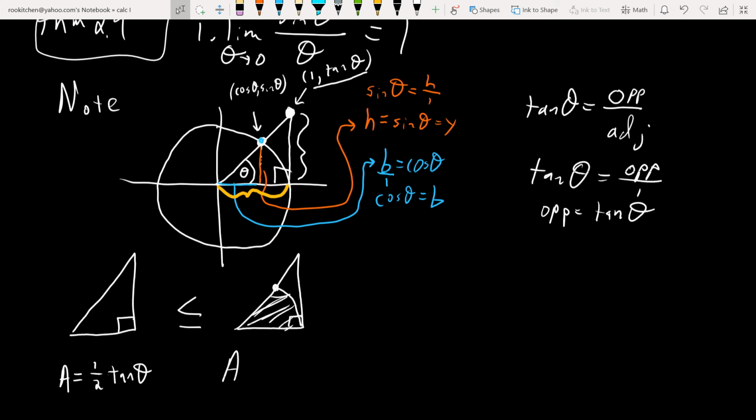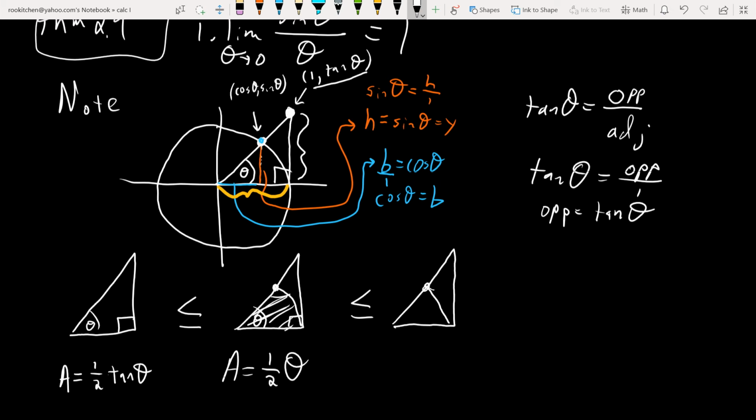The area formula for a sector of a circle is 1/2 r squared theta, right? So the radius is 1, so it'll be 1/2 theta, because this angle inside here is theta. And then that's less than or equal to the area of the little triangle inscribed inside here.